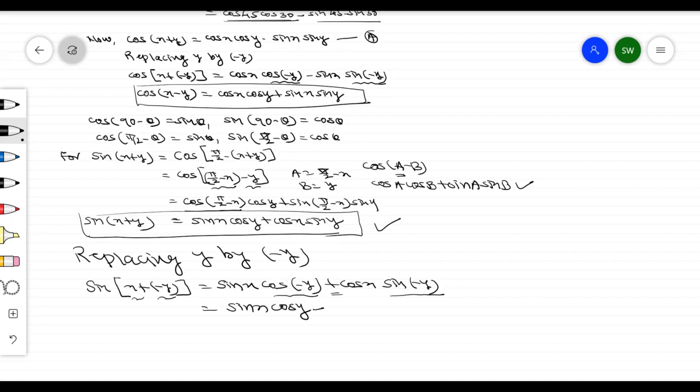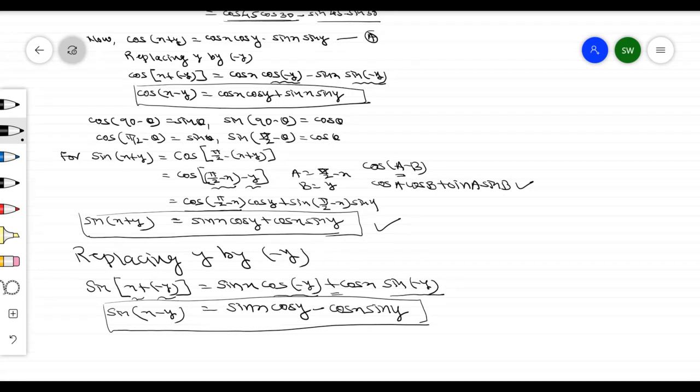So minus cos x into sin y. So this is the formula for sin(x minus y): sin x cos y minus cos x sin y.